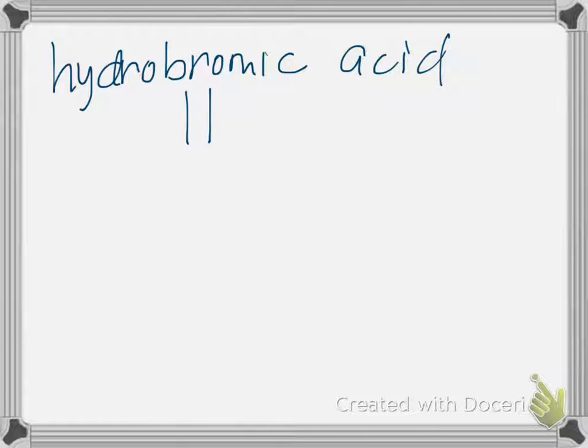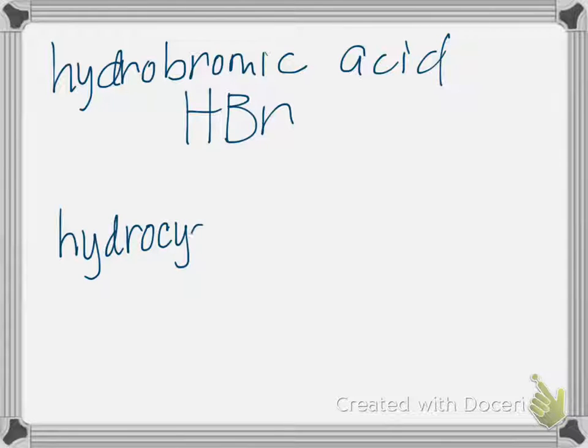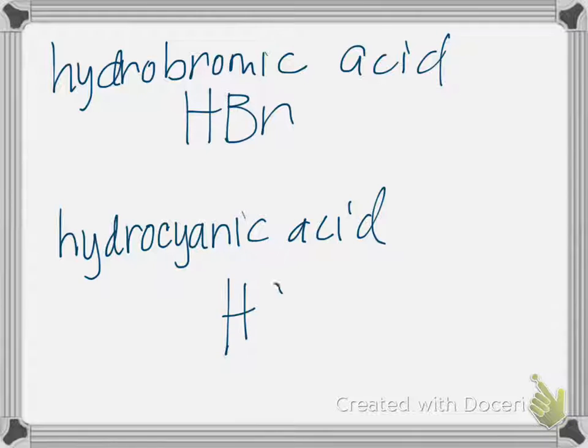HBr. Okay. How about, let's give you a hard one. Hydrocyanic acid. HCN. You got that quick. Because cyanide's a -1, hydrogen, so it would go like that.